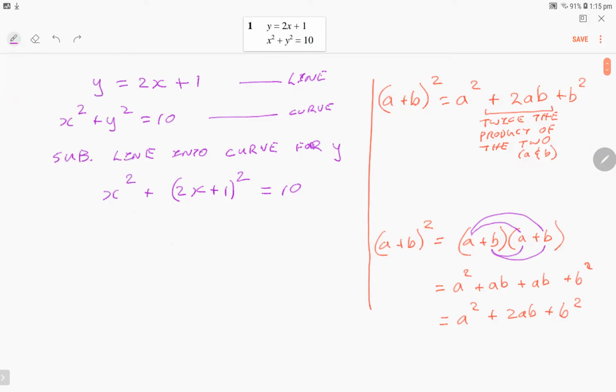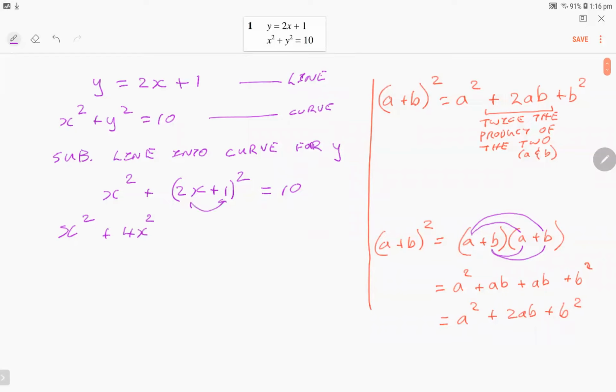So what do we know? I'm going to expand this perfect square first. It's going to become x squared, that is this x squared, and I'm expanding this now. Plus first term squared: when I square that, I get 4x squared. Then twice the product of the two. How do we do twice the product of the two?